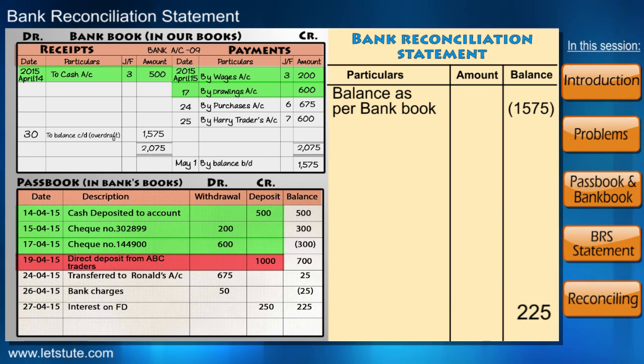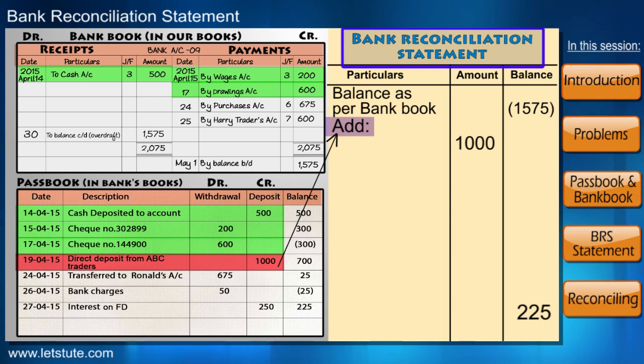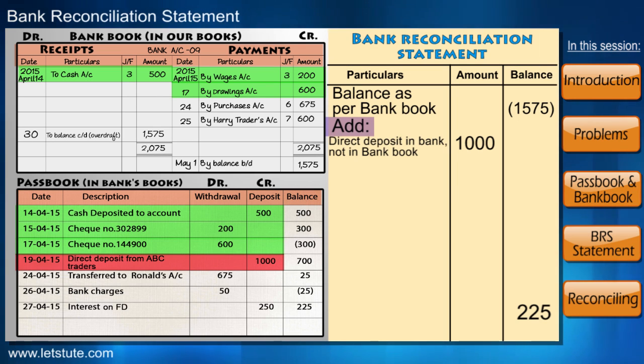Now, since the balance in our passbook has increased, we should also add this amount 1000 in the statement. We are just copying them. The reason here is a direct deposit is not recorded in the bank book. So we also have to state a reason in our BRS statement that we are preparing.